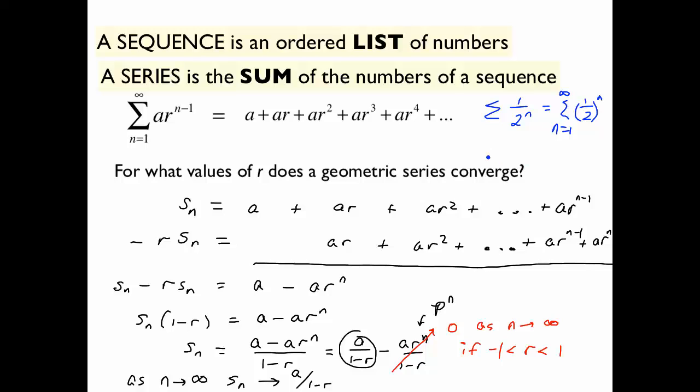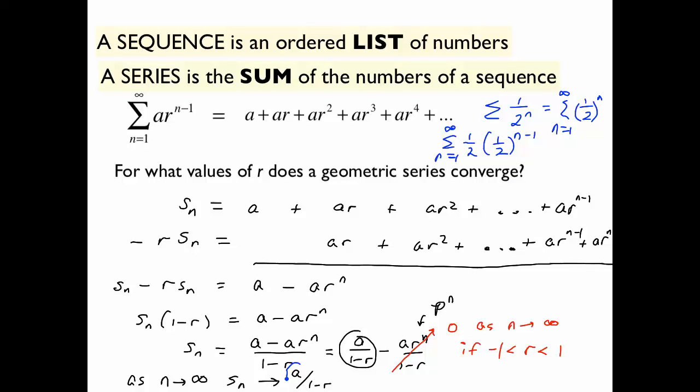To make it like a geometric series, we need that to be n minus 1. So we can change it to n minus 1, but then we have one less 1/2 multiplied together. So we can pull the 1/2 out like this, and that's equal to that original series. So now here it is in geometric form: 1/2 times 1/2 to the n minus 1.